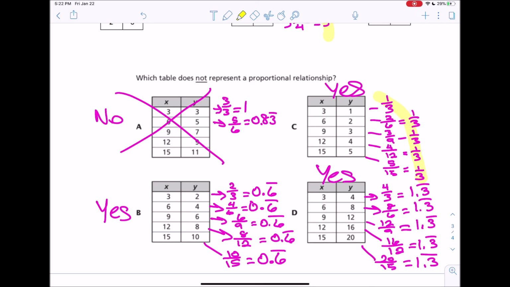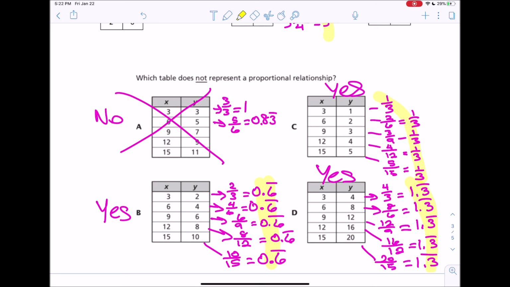So as you can see, you go through, you check the unit rates for each set of x and y's, each data point, to make sure that we have the same ratio or unit rate or constant of proportionality for every x and y, okay? And if they have the same unit rate, then they are proportional.